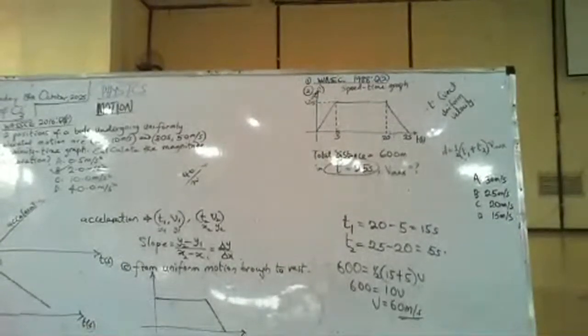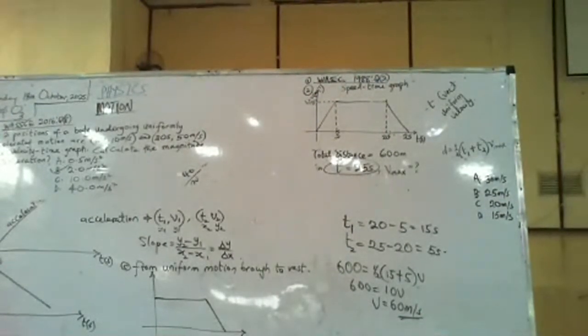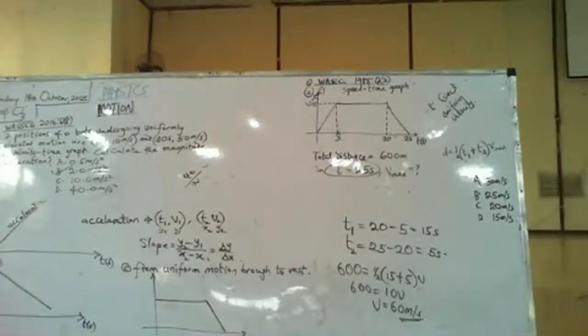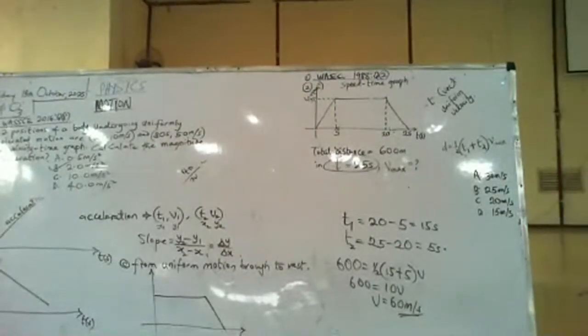Objective is like it's 15 plus 5, that's 20, divided by 10. How is it divided by 60? 10. Wait, what do you guys do? Sure. 600. Yeah, of course.